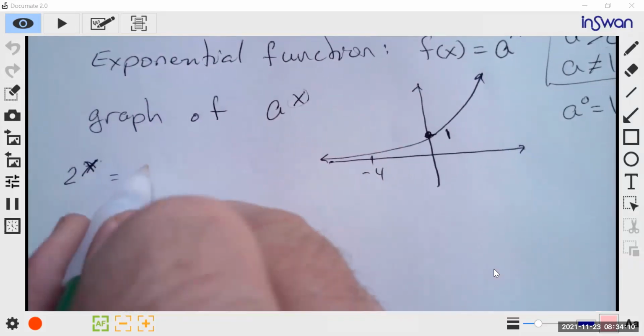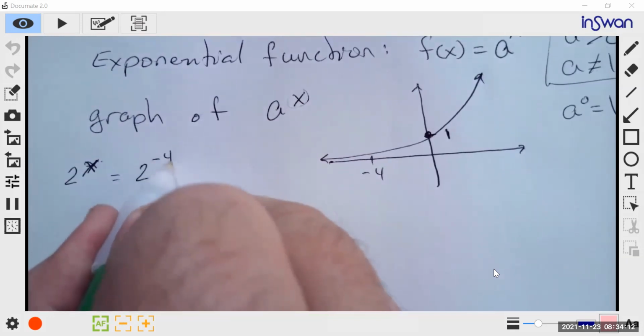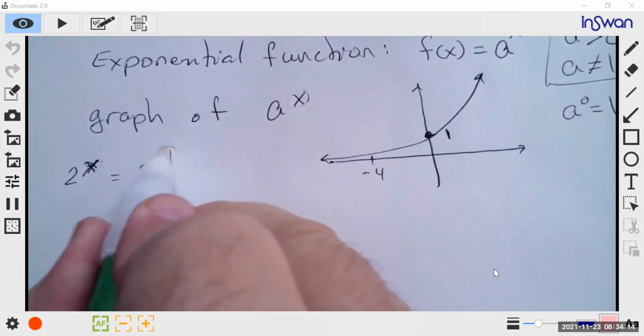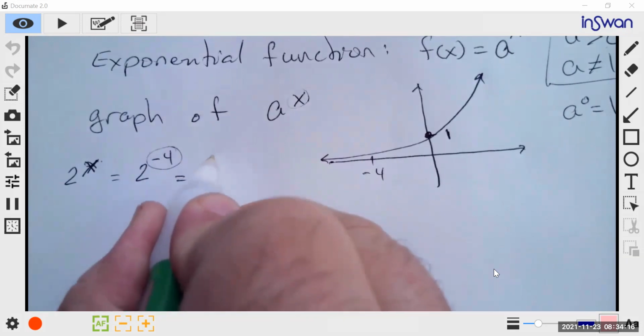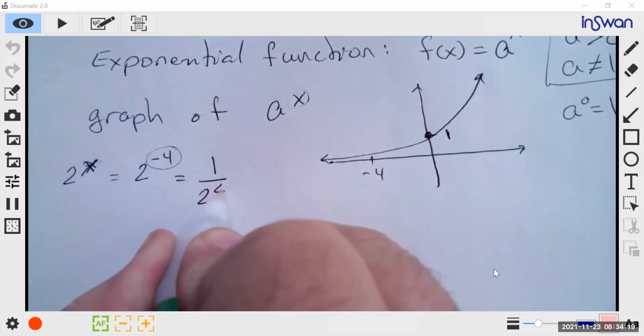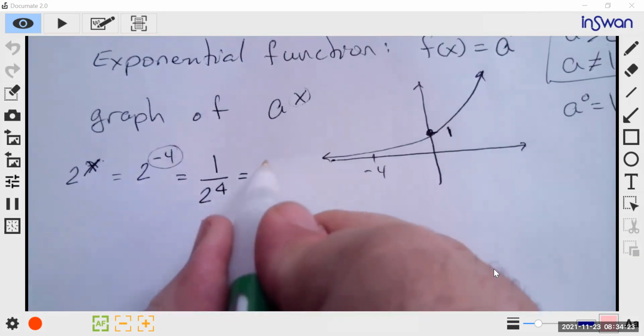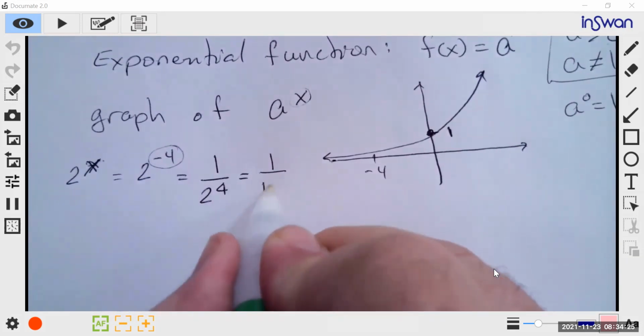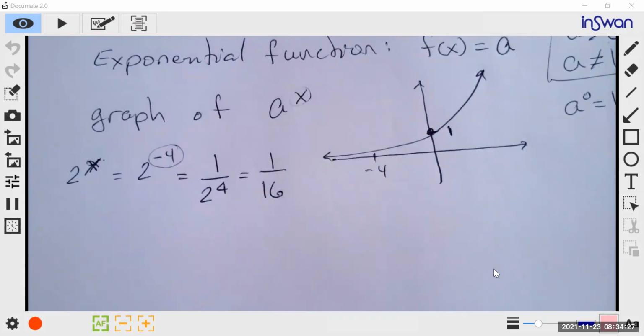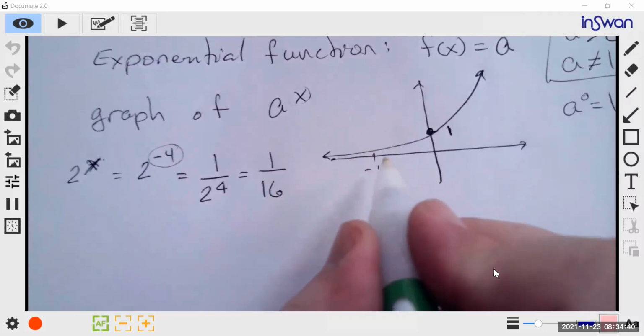If x was -4, a negative exponent simply means it becomes a fraction. 2 to the power 4 is 16, so it's 1/16.